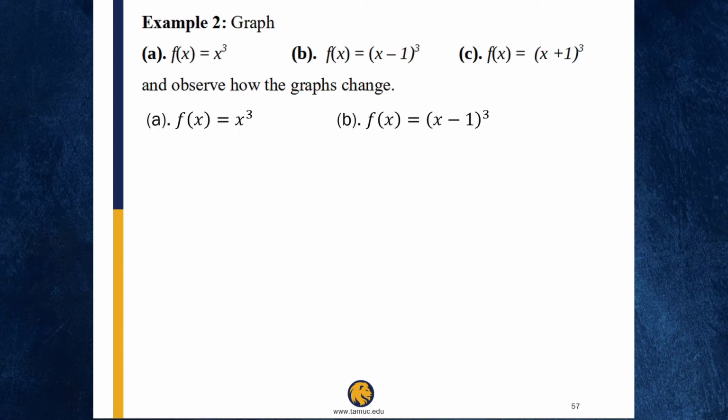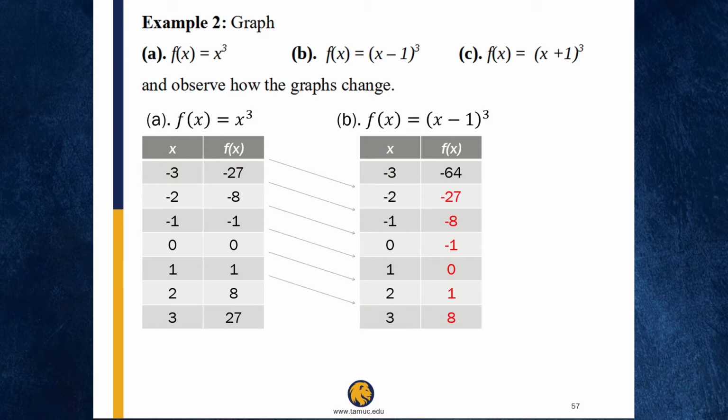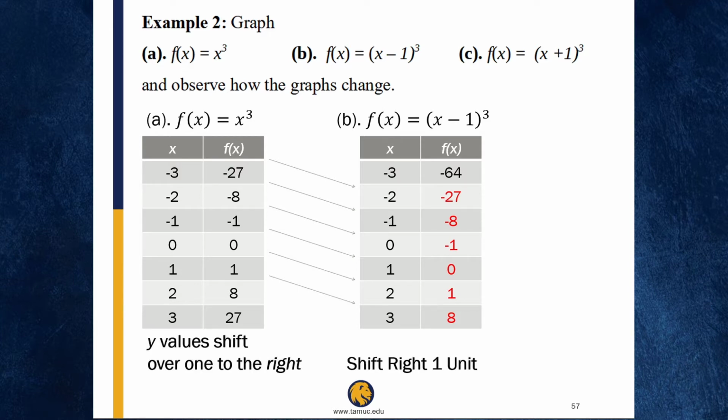Things are a little different though if we do addition or subtraction from within inside the function. So here is f of x equals x to the third and f of x equals x minus 1 all raised to the third. If I use some values for x and plug them in and get f of x, and then I do it for x minus 1 raised to the third power, we can see how the numbers shift over, but in this case the y values are shifting over to the right by 1 unit.